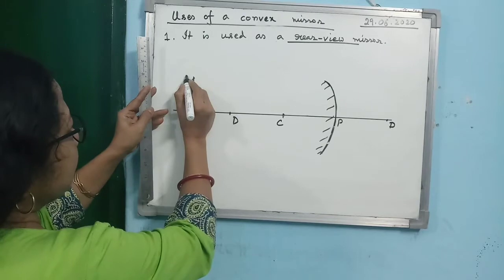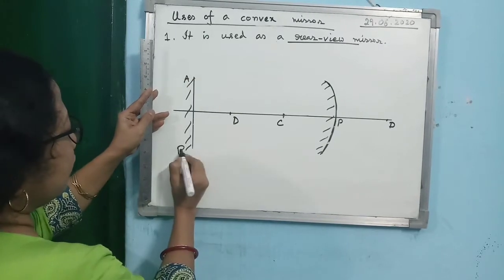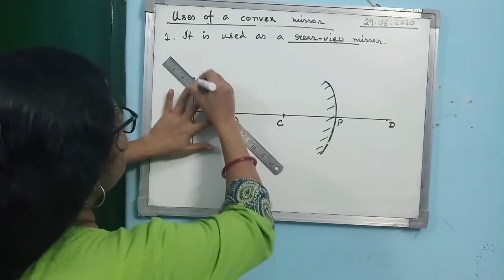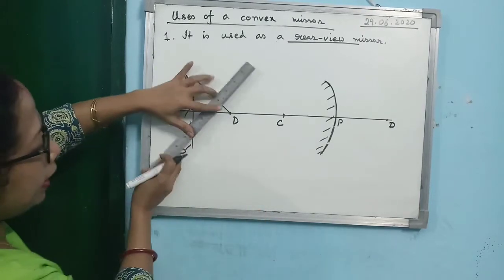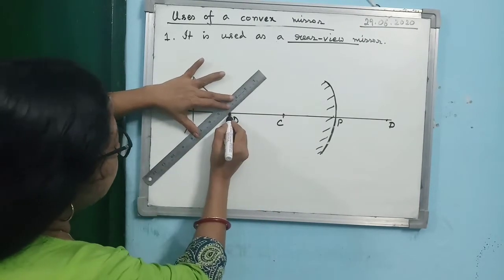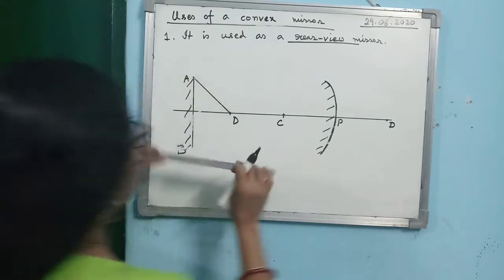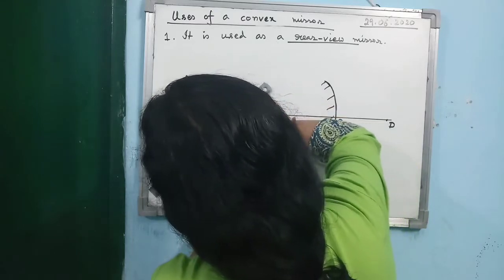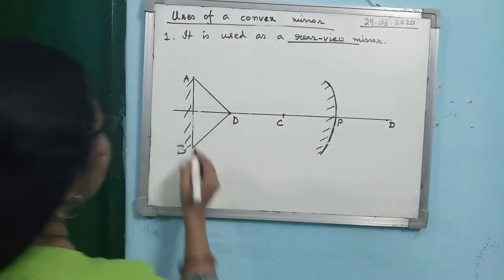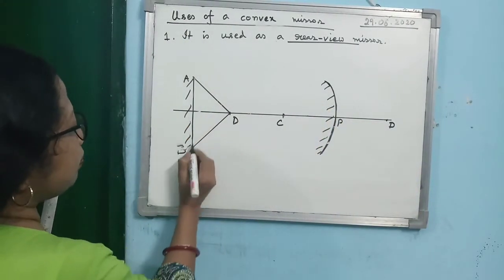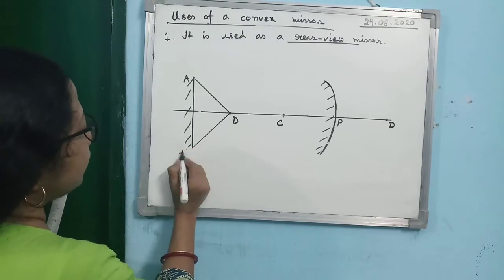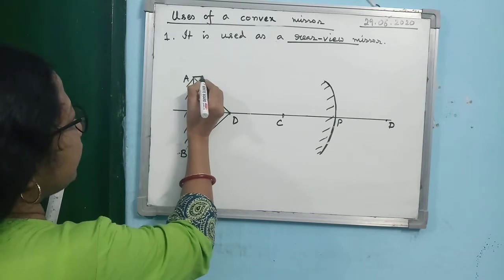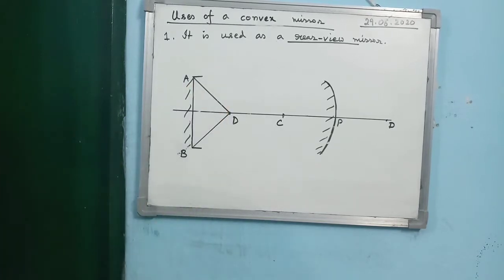Suppose I am naming the mirror as AB here. So you join DA and then DB. After that you draw a small perpendicular at the points A and B on the mirror as I have drawn.